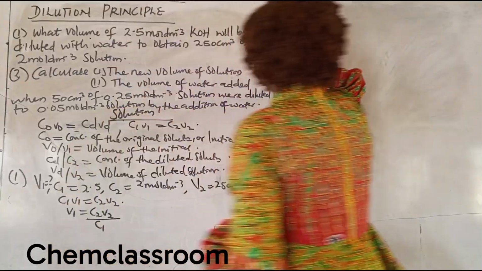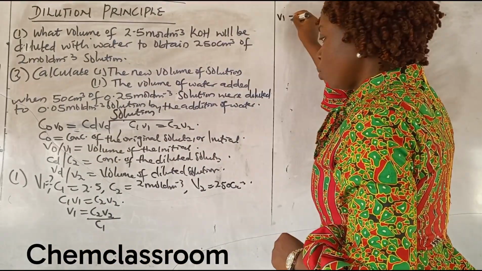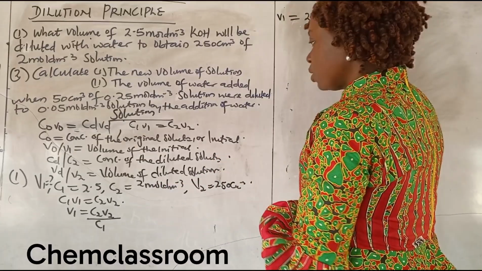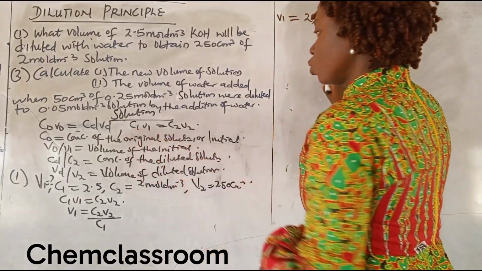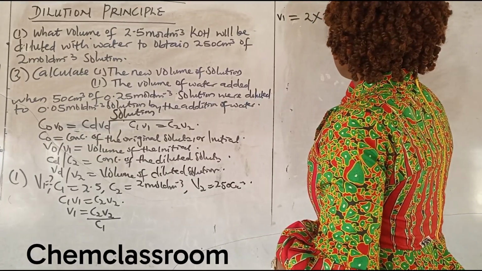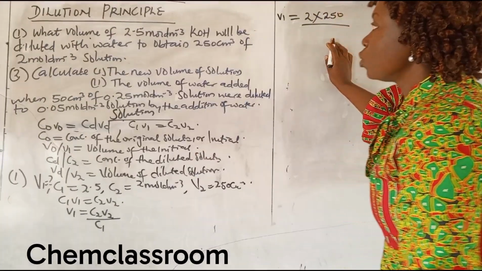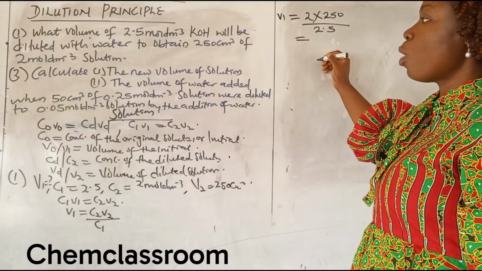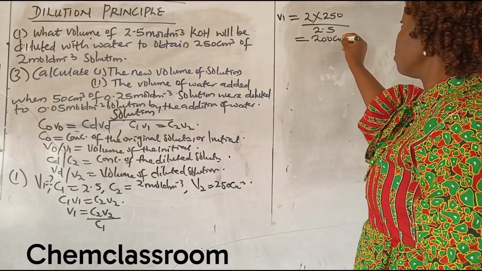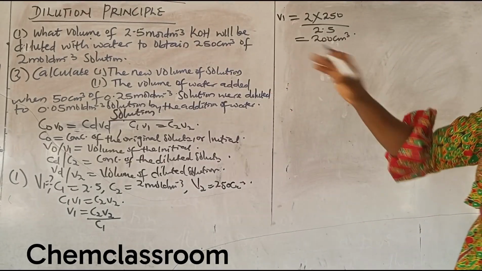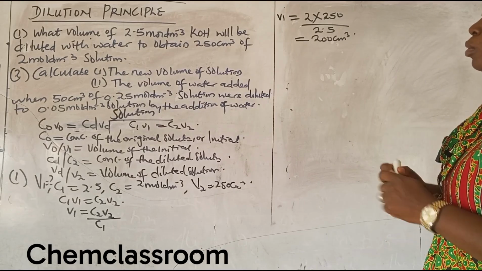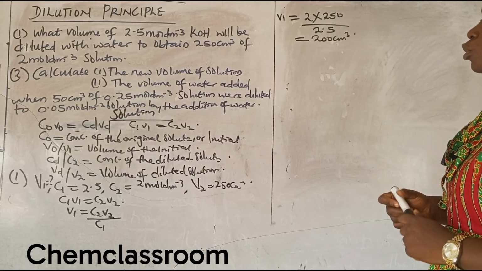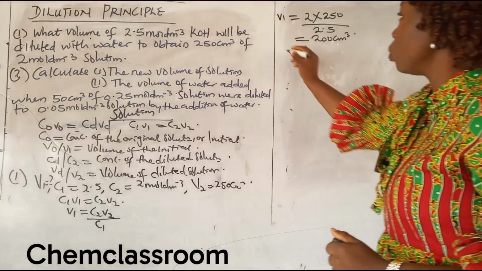C2 that was given in the question is 2, multiplied by V2, which is 250 cm³, divided by C1, which is 2.5. So in all, I'm expected to have 200 cm³ as my original volume, or the initial volume, of the solution.